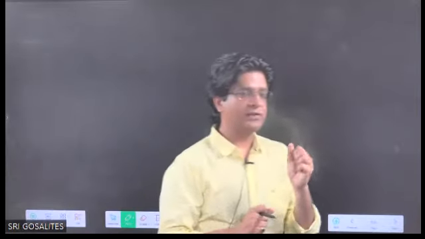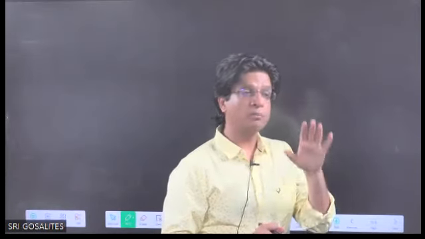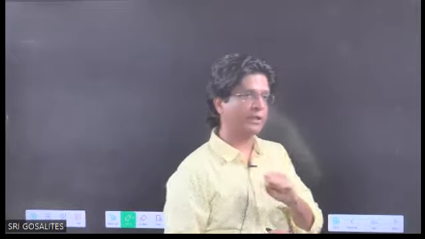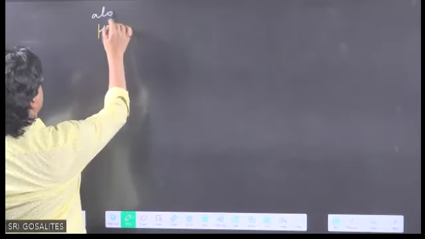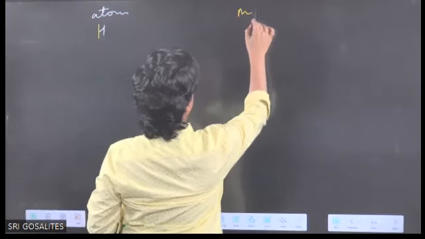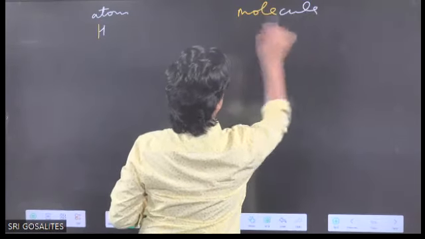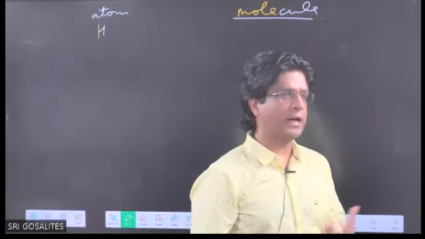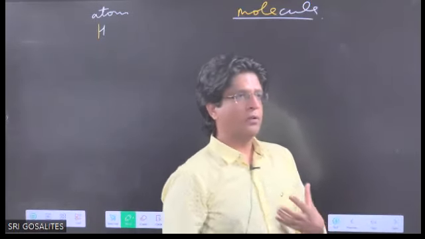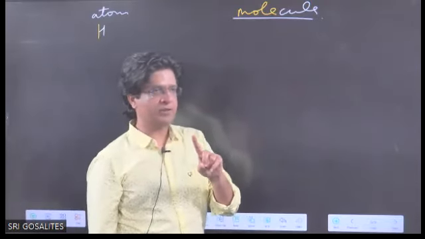Now, one more thing. There is something called molecular weight. See, hydrogen is an atom. And I'm writing over here molecule. So what is the difference between an atom and a molecule? An atom is a single atom, basically.